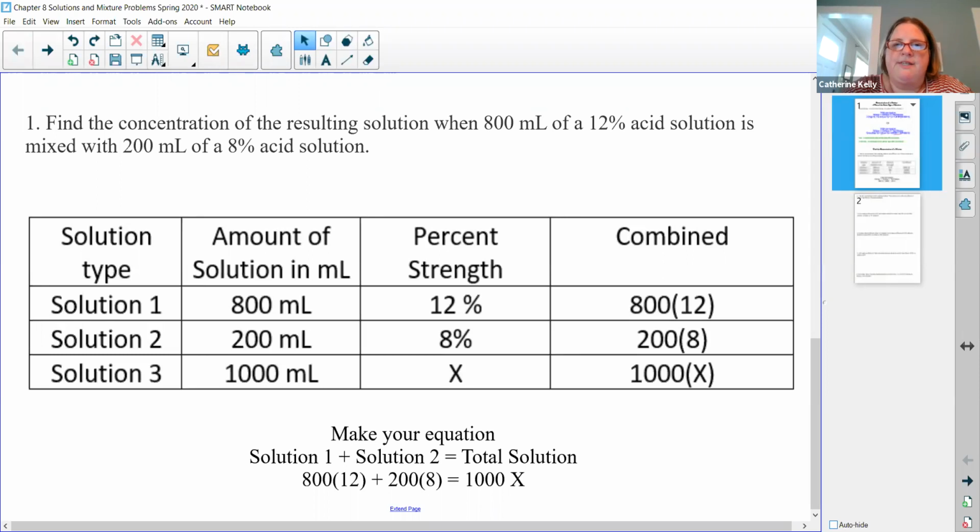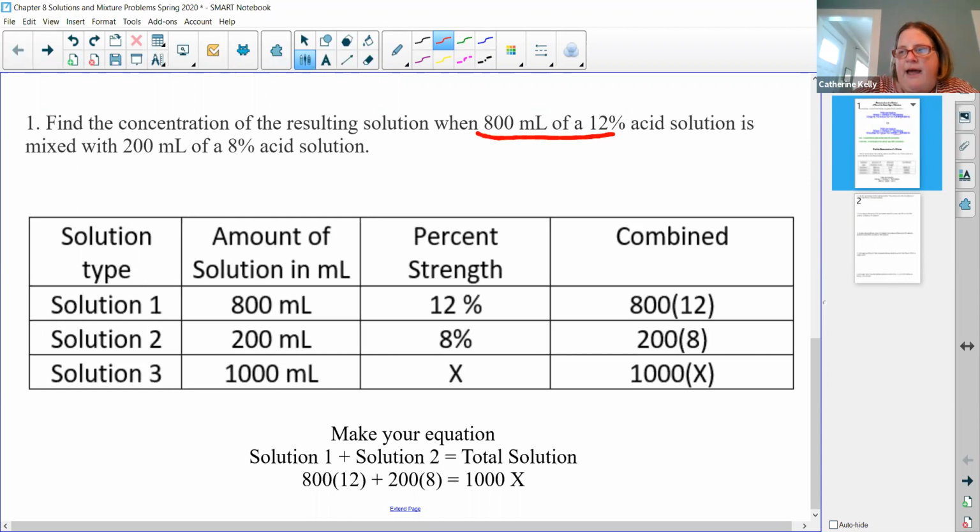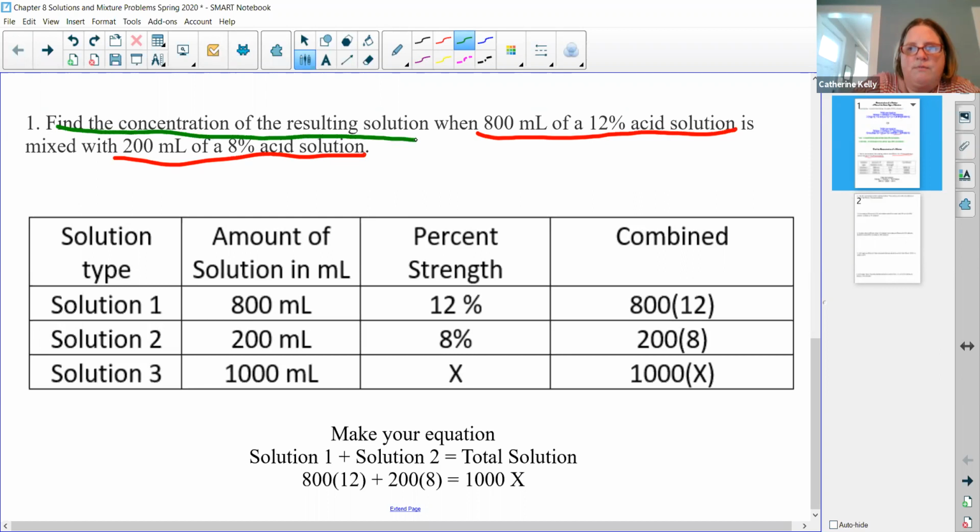So if we have something like this, it says find the concentration of the resulting solution when 800 milliliters of a 12% acid solution is mixed with 200 milliliters of an 8% acid solution. What I do is I underline it. Because if I have 800 milliliters of that, and it's mixed with 200 milliliters of that, then I get some kind of resulting solution.